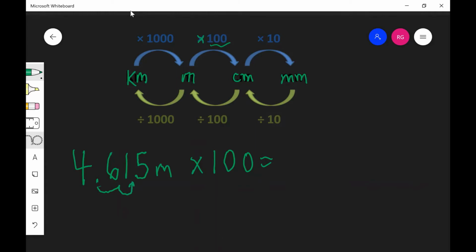What's our answer for this one? 461.5 centimeters. Okay, perfect. So that's how we would do this one. Just move the decimal 2 places to the right.